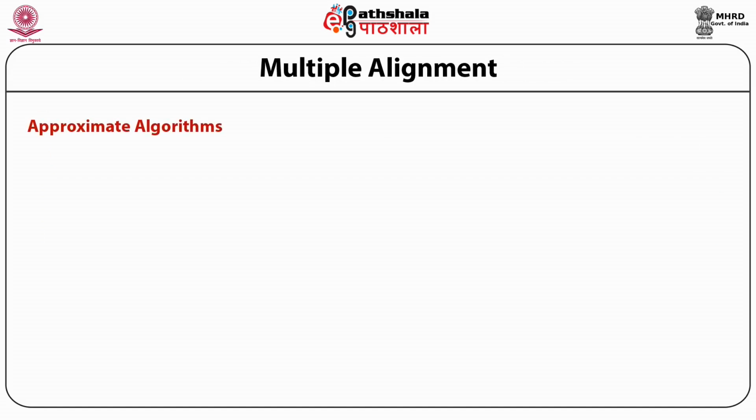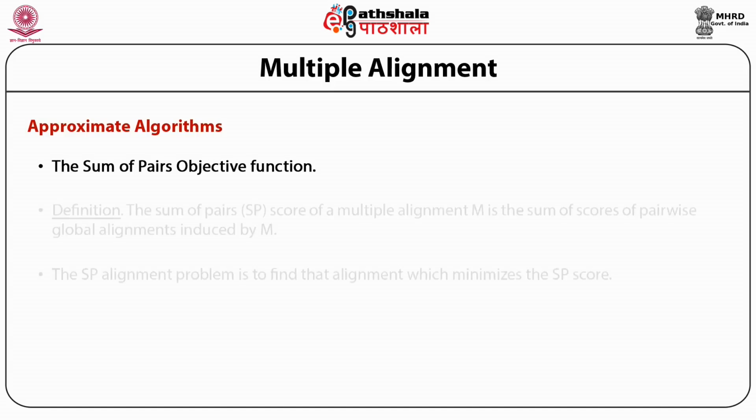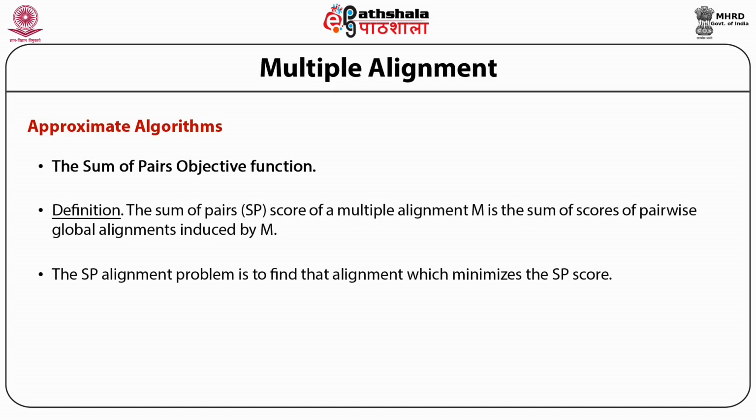Now, one of the techniques of constructing multiple alignment is a method called minimizing the sum of pairs objective function. Now what is this? Ideally, the sum of pairs function is that you have your, say, n sequences, you take them pairwise, every possible pair. So if you have n sequences, you have n times n minus 1 divided by 2 pairs.